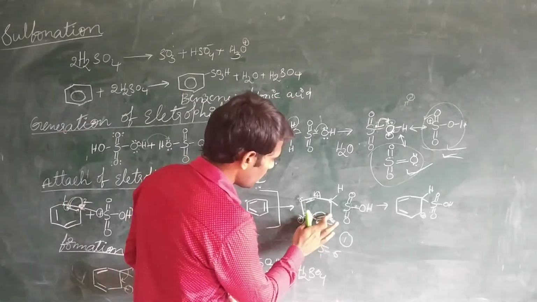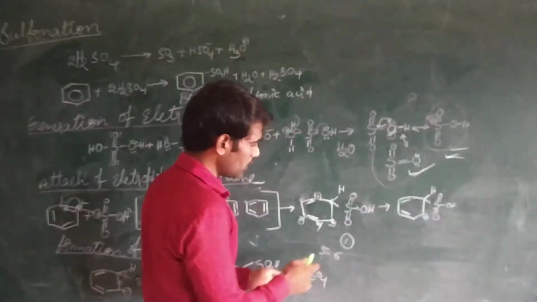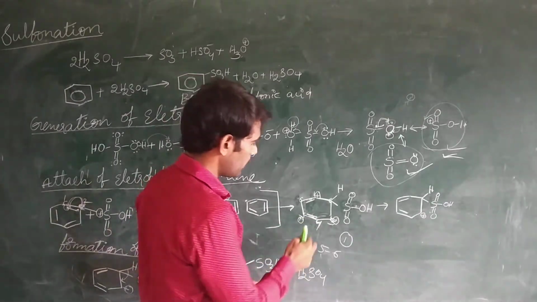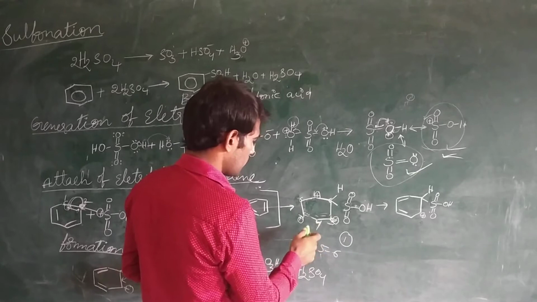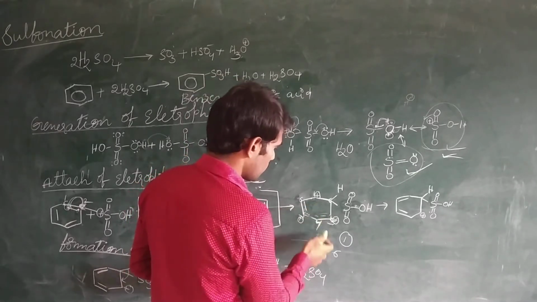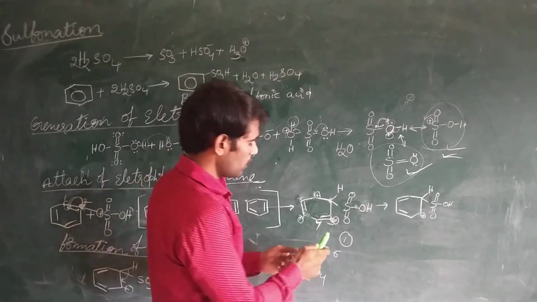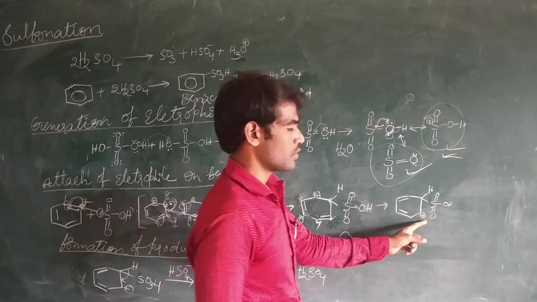Now, when these electrons are moving between the fourth and fifth carbon, finally the third carbon is getting positive charge. So that is what happened. Anyway, finally the third carbon is getting a positive charge.